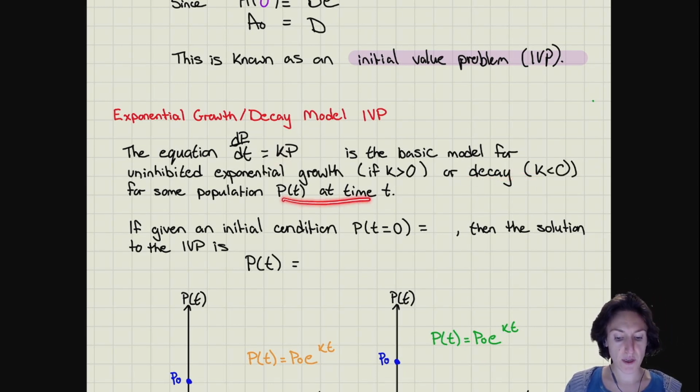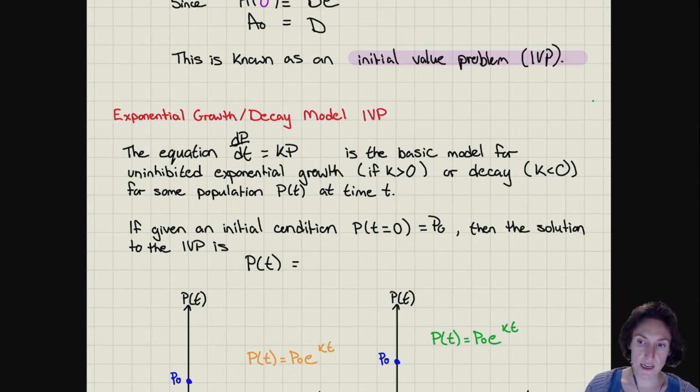This is for some population P(t) at time t. If given an initial condition, at time 0 we have some population P naught, then the solution to the IVP is P naught e to the power of kt.